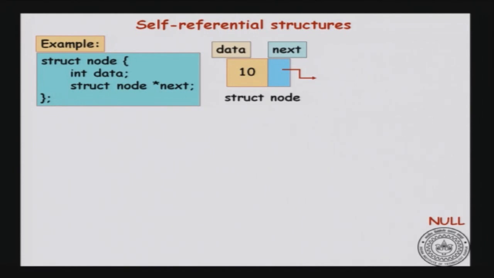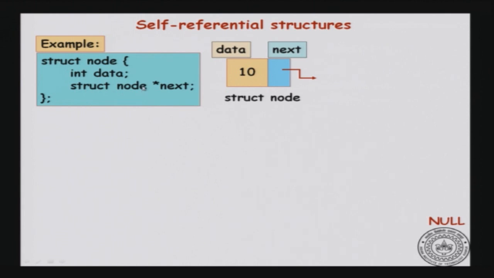Let us just introduce this notion called self-referential structures. We are defining a struct node that has two fields. One is an int data, and the next field is the surprising one. It is a pointer to type struct node. So, this C structure is called a self-referential structure because internally there is a pointer to an object of the same type.